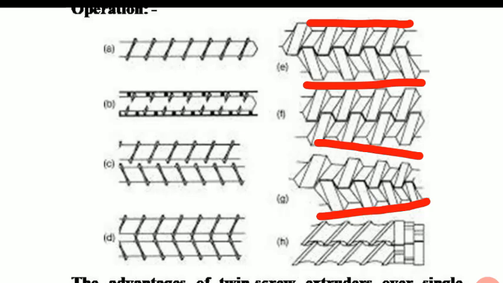In intermeshing screws, it is necessary that the flights pass freely through the channel of the other screw. In the case of rectangular flights, the clearance between the flanks of the flights is maintained throughout the region of intermeshing. If the screws are perfectly conjugated, this generates a very positive pumping section.